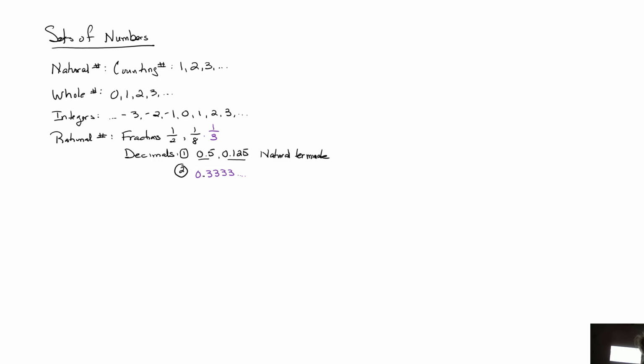This second group of decimals are decimals that are considered repeating decimals. They never stop, but they do have some kind of pattern to them. And so since they don't stop, we call them non-terminating decimals. So, 2 groups of decimals are considered rational. Why? Because their fractions are considered rational.